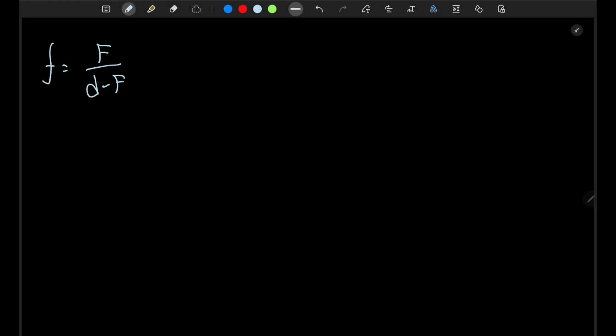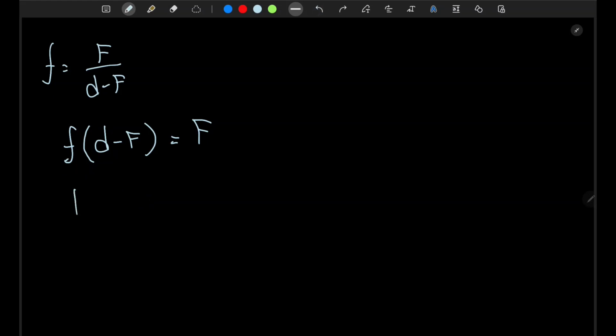Okay, so here's another one, and we are going to solve for d. So first, the whole bottom here, d minus f, we are going to push that entire expression up. So we are going to be left with f multiplied by d minus f is equal to F. And now we have f multiplied by this whole number, so we can move this f diagonally down.